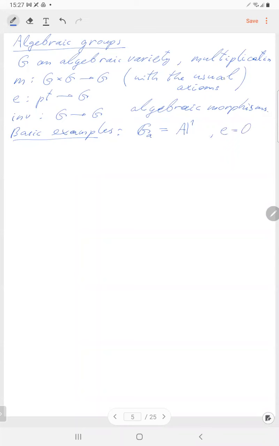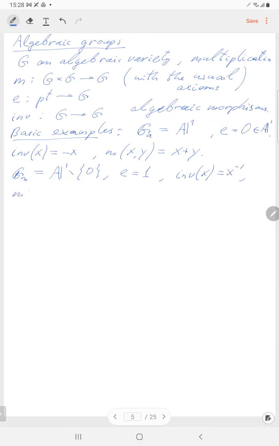The neutral element is 0, the inversion is just negative x, and multiplication is just the addition, and it's very clear. Now the multiplicative group, GM, as an algebraic variety, this is just the punctured affine line. The neutral element is 1. The inversion of x is x inverse, and the multiplication of x and y is their product.